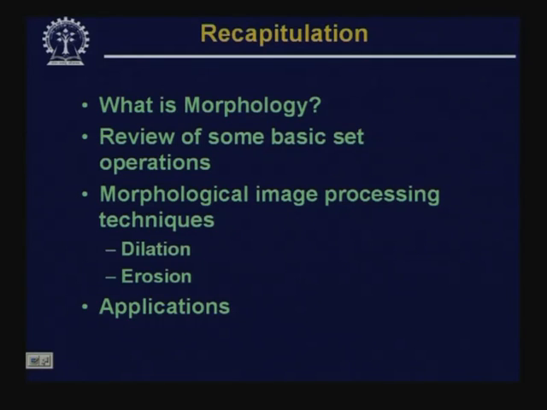And we have seen that to use these morphological operations or image morphology, we must represent an image in the form of a point set, and all the morphological operations are nothing but different set operations, and the kind of set operations that we have to use depend upon what kind of morphological transformation we want to do.